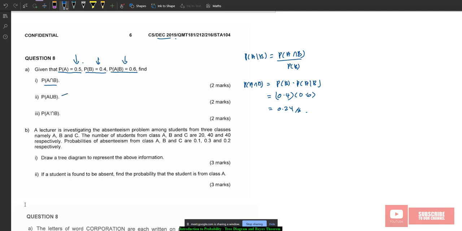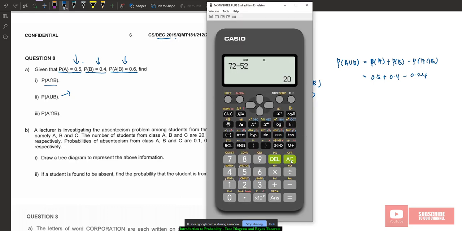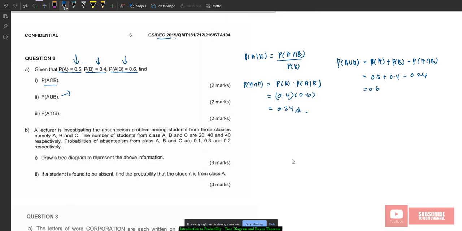The next question is to find the probability of A union B. The probability of A union B is the probability of A plus the probability of B minus the probability of A intersect B. You already have those values, so just plug them into the formula. 0.5 plus 0.4 minus 0.24 should be 0.66.